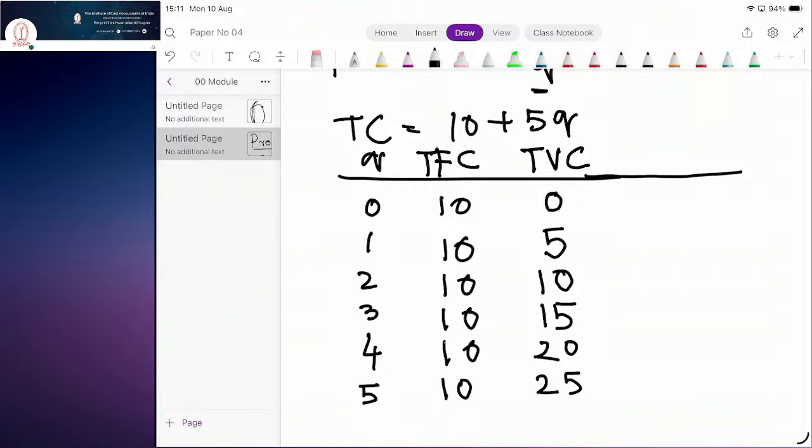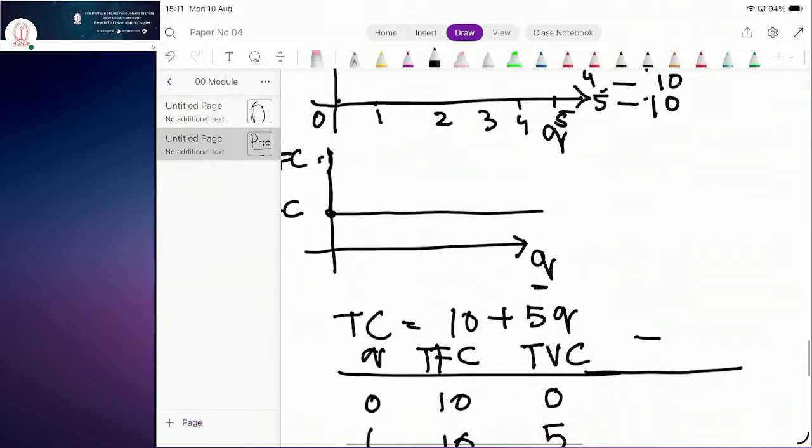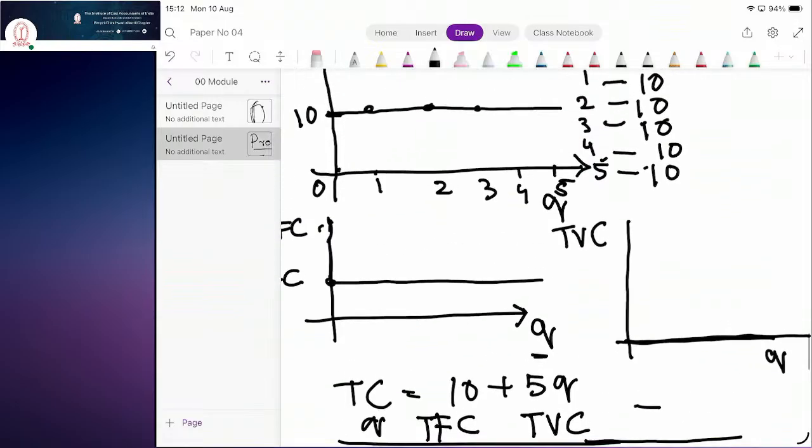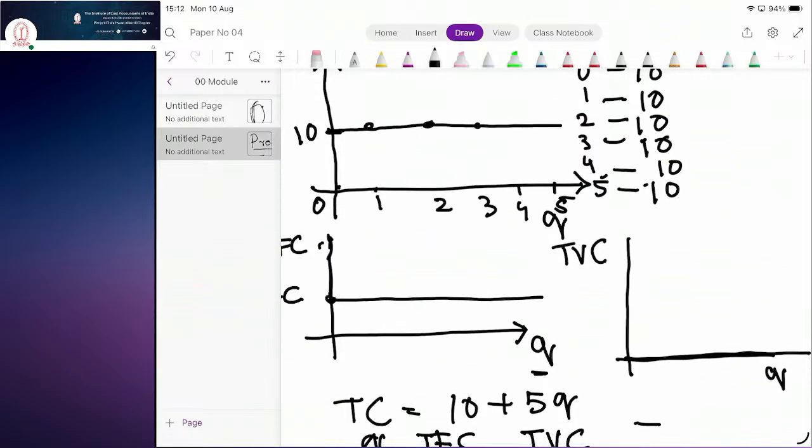Now the next thing you have to remember is that TC is... Quickly plot TVC and Q on the same graph. 0 at 0, 1 at 5.